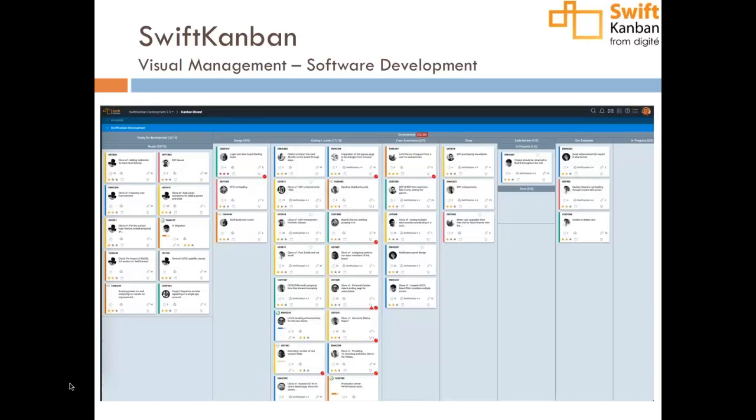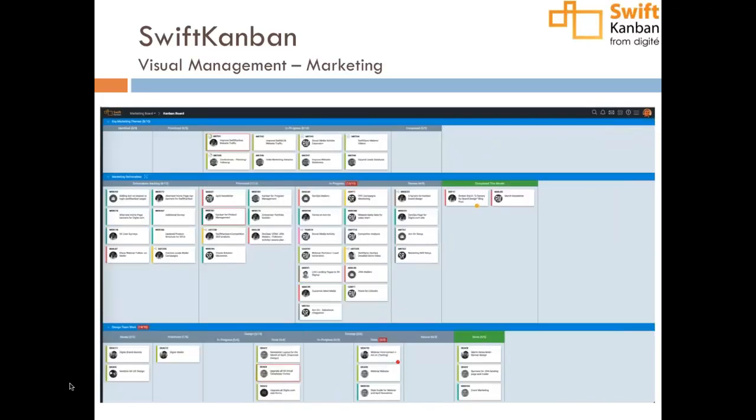Probably 60 to 70% of our customers use it for software development or IT, and quite a number of those use the Kanban product for doing Scrum and Scrumban, and it is always interesting to see how they combine the two and what are some of the best practices that come out of it. But of course, Kanban is also a general business tool that is used by a variety of other non-tech functions as well. For example, marketing, HR, legal, just a range of them.